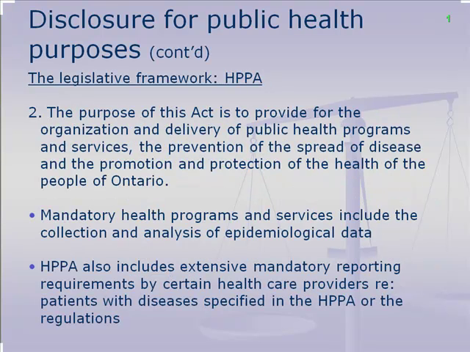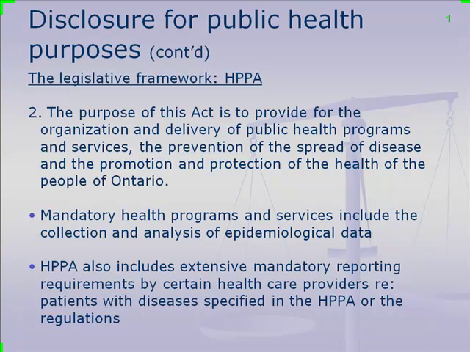As you can see, you've got to look at the purposes of the HPPA because they're referred to in PHIPA, and the purposes are set out here. Organization and delivery of public health programs and services, prevention of the spread of disease, and the promotion and protection of the health of Ontario.